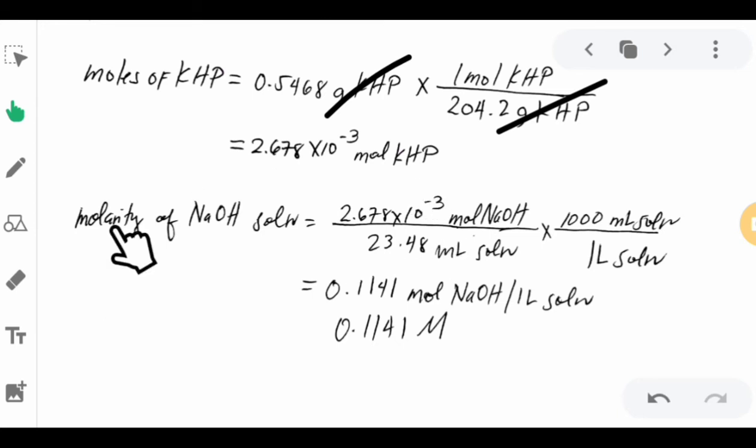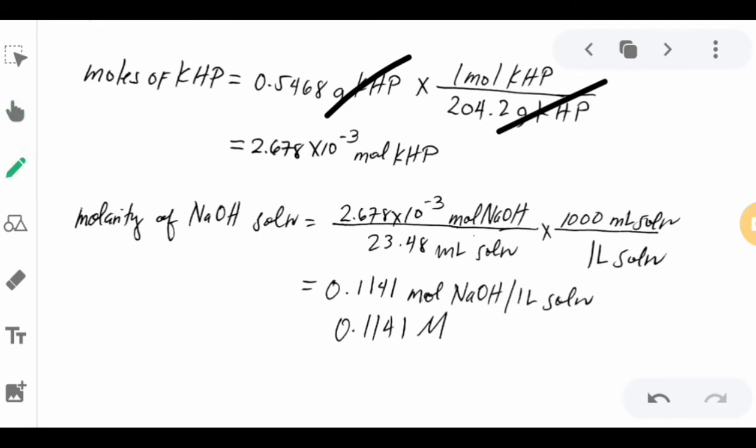So, molarity of NaOH solution is equivalent to 2.678 times 10 raised to negative 3 mole of NaOH over 23.48 milliliters of solution, multiplied by 1,000 milliliters of solution over 1 L of solution. That is 0.1141 mole of NaOH per liter of solution, or 0.1141 molarity.